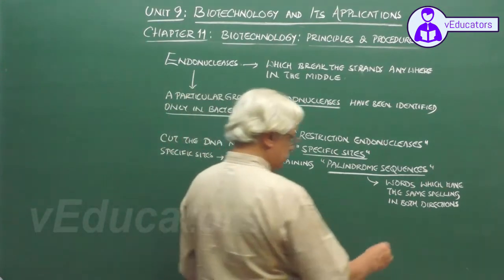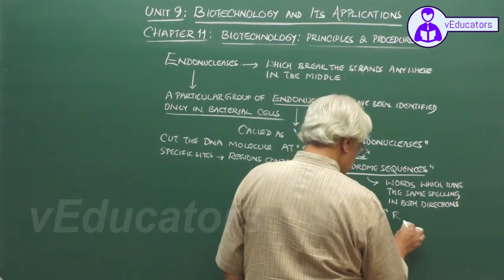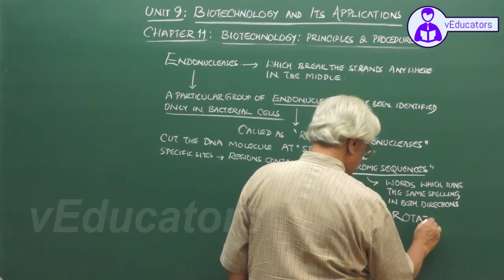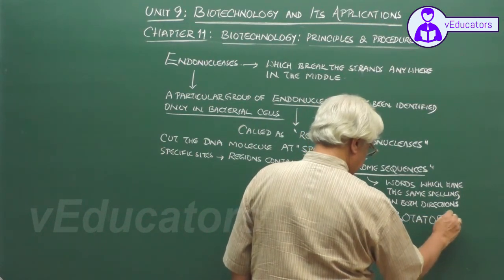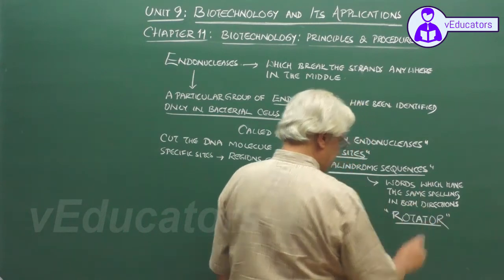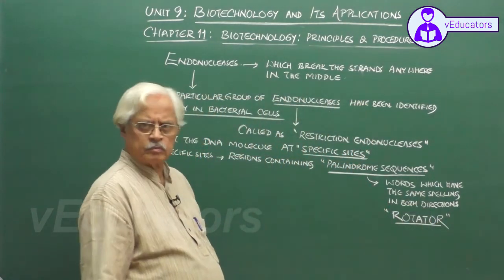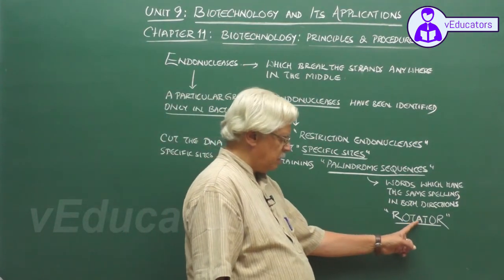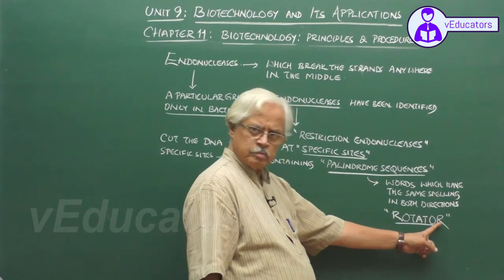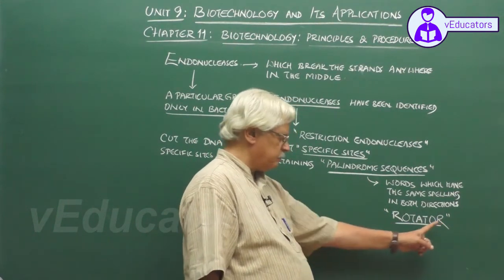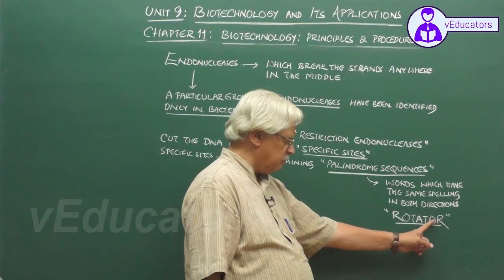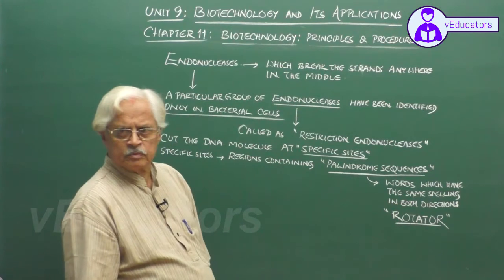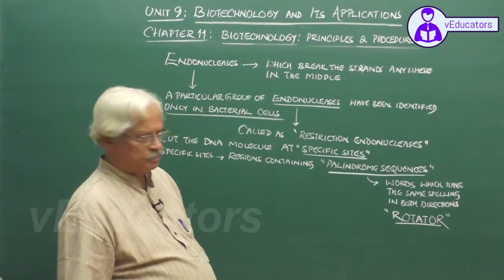For example, look at this word, rotator. R-O-T-A-T-O-R. From this side also it has the same spelling, R-O-T-A-T-O-R. So this is called a palindrome.